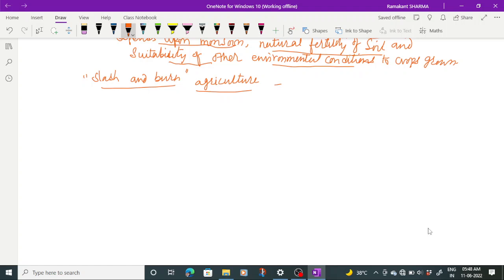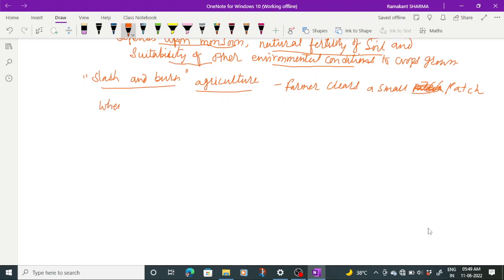There is a land, and the farmer clears a small patch of land, and he sows the seeds there, and whatever is grown, the farmer takes that.